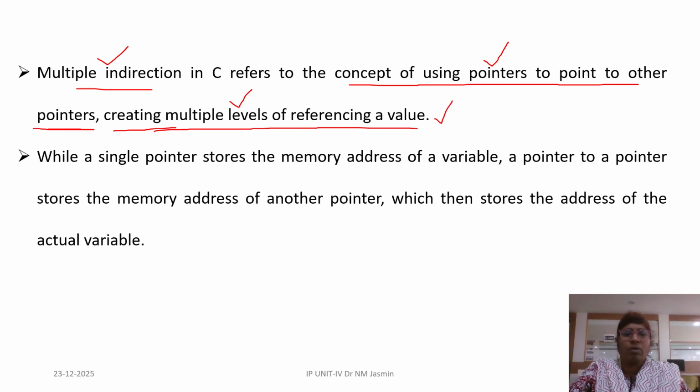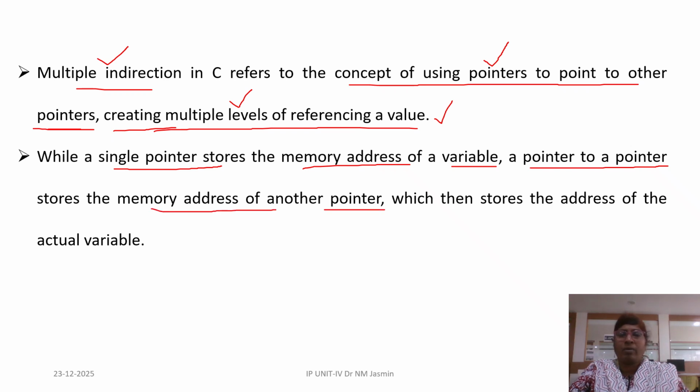Got it? Now for example, a single pointer simply stores the memory address of a variable. That is called a single pointer. A double pointer, or pointer to a pointer, stores the memory address of another pointer, which then stores the address of the actual variable.